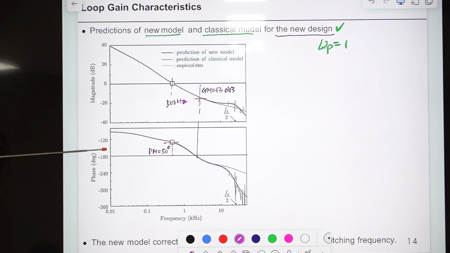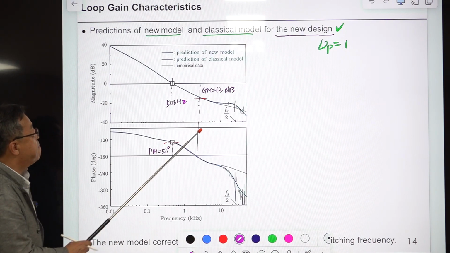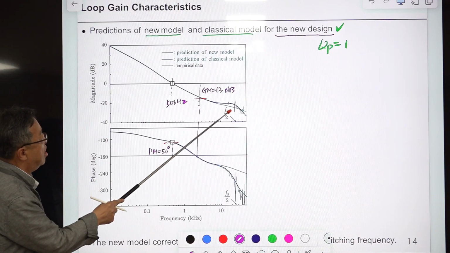This is 30 plus 40 plus something. 50, there is some bonus there. Less than this one, and after this is a prediction of classical analysis.